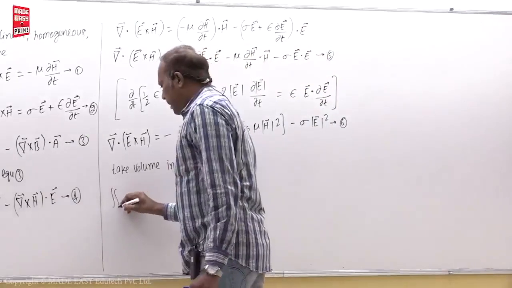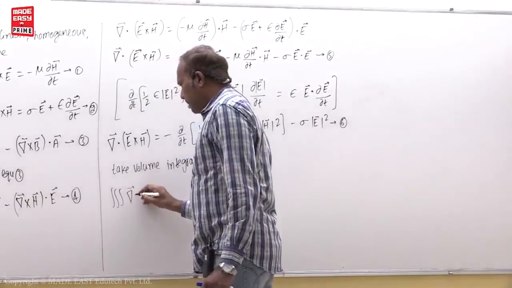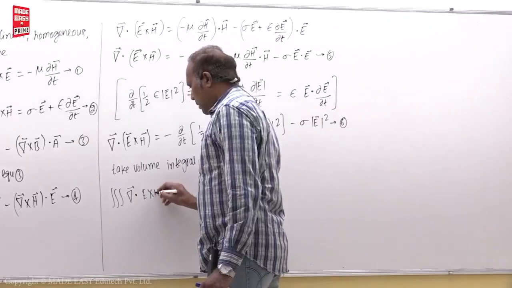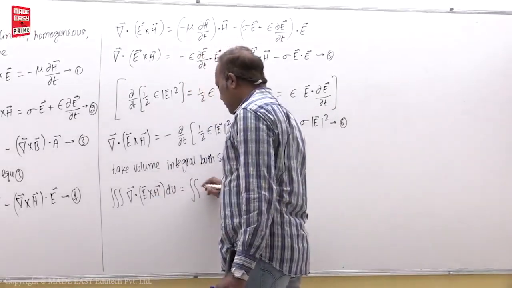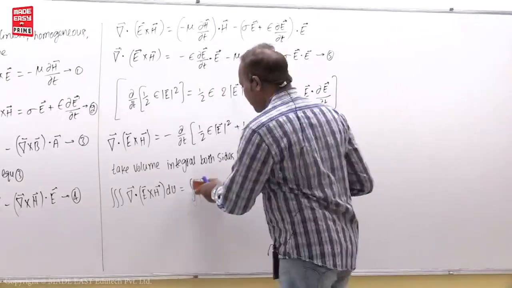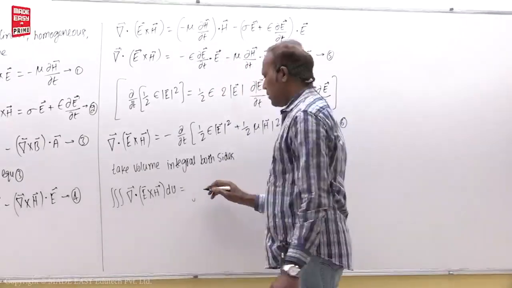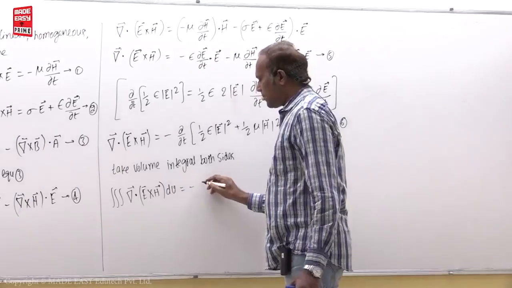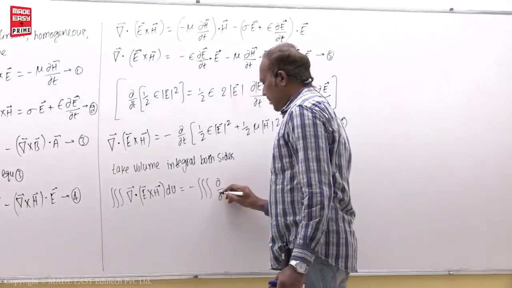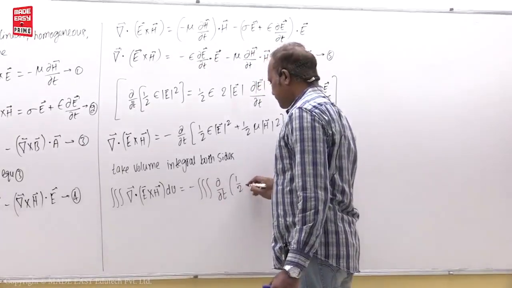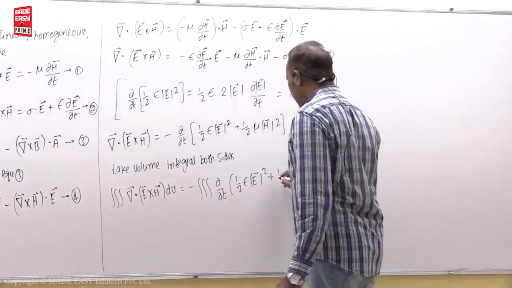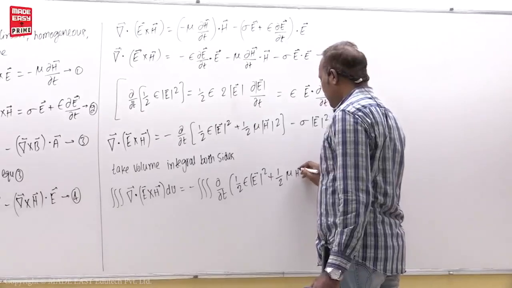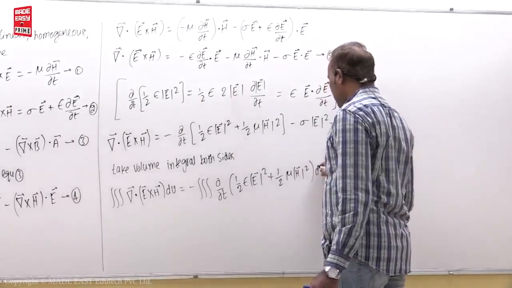So triple integral of E bar cross H bar dV is equal to, we will take the minus anyway, minus triple integral of dou by dou t of half epsilon mod E square plus half mu mod H square dV.